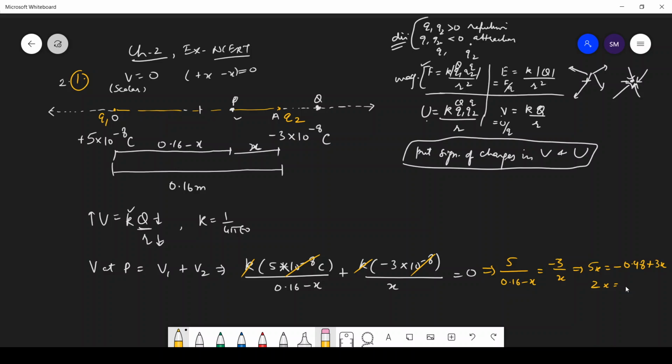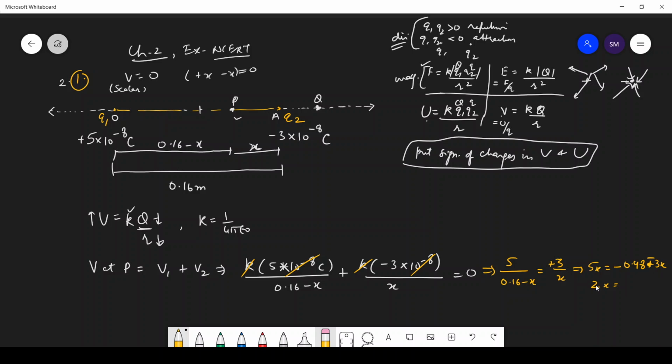So what's the problem here, students? This is supposed to be positive, of course. This minus 3, I'm taking this side, so it will become positive. Obviously x is supposed to be positive only. So this is minus 3x, right?